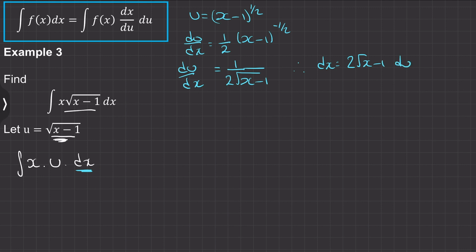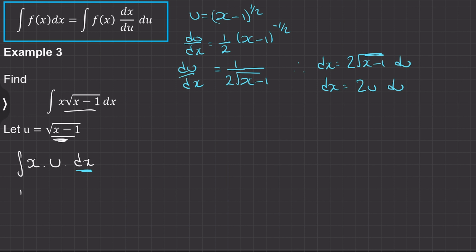But now we have a problem in that we've got an x term where we want it completely in terms of u. But we know that the square root of x minus 1 is u. So we can say this as dx is equal to 2u du. And it is this which we'll write back in terms of our integral.